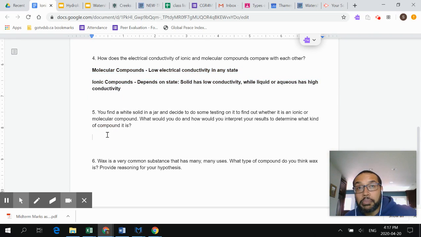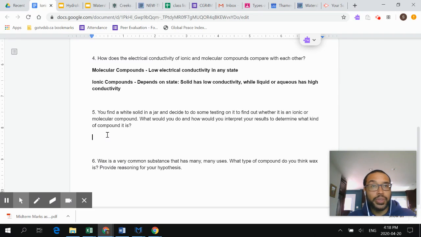If I put the Bunsen burner up as high as it possibly goes and nothing happens, well, then it's more likely to be an ionic compound. And that would be what would occur if we use salt versus sugar. That sugar would melt pretty quickly, and the whole room would be smelling of burnt sugar, and everyone in the science office would be mad at me. But the salt wouldn't melt. As high as we could get the Bunsen burner, we wouldn't be able to melt that salt. So that's the simplest test.